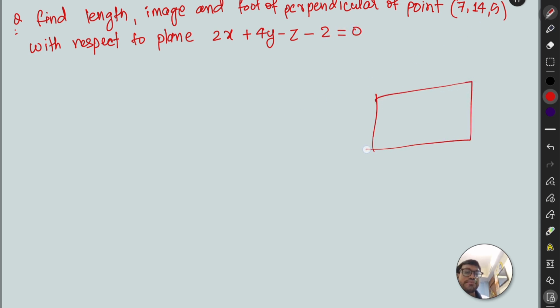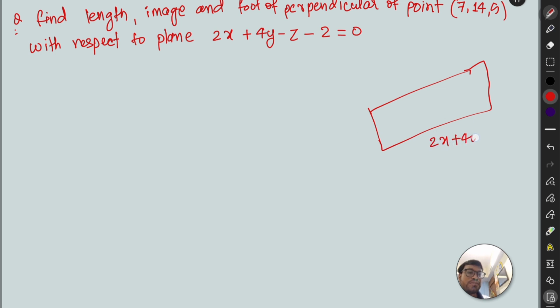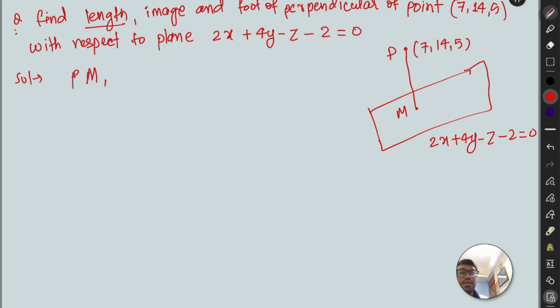So there is a plane 2x plus 4y minus z minus 2 equal to 0. There is a point 7, 14, and 5. I need to find the distance, the length PM, and the coordinate of M and the coordinate of N, the image.